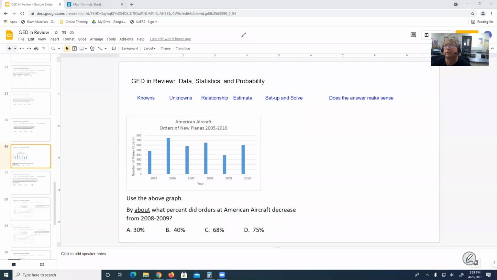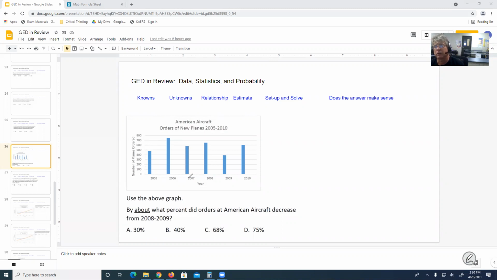So we have a graph. Again, the title of the graph is important to us. American aircraft, orders of new planes, 2005 to 2010. Over here on the left side, we have numbers that represent the number of planes ordered, so it goes in increments of 100.